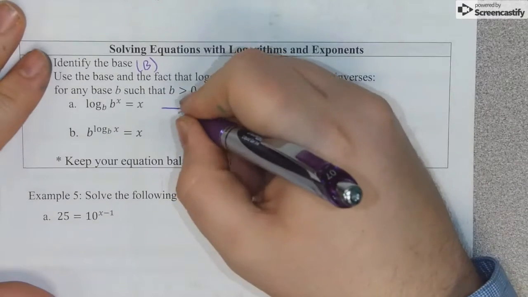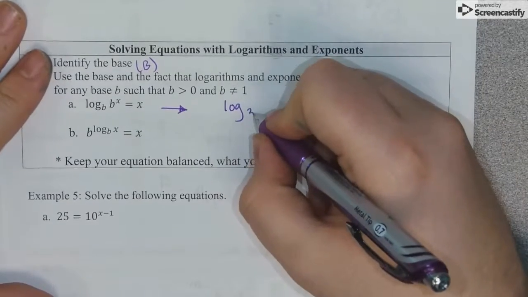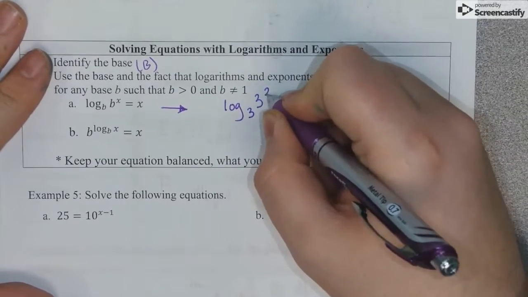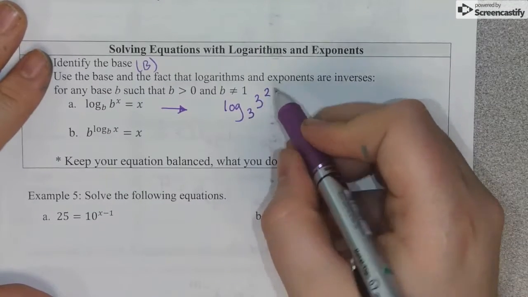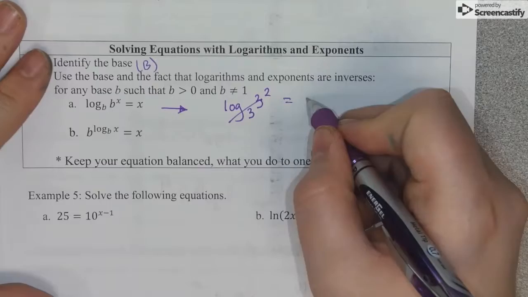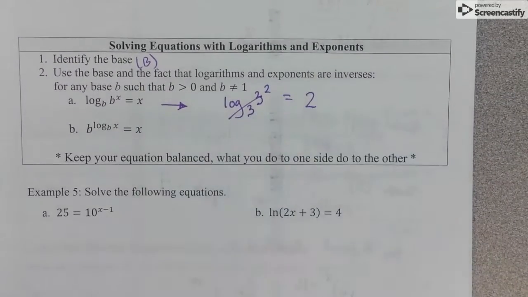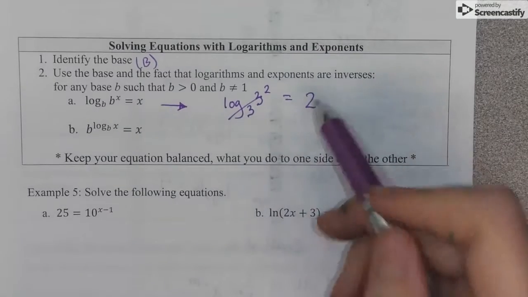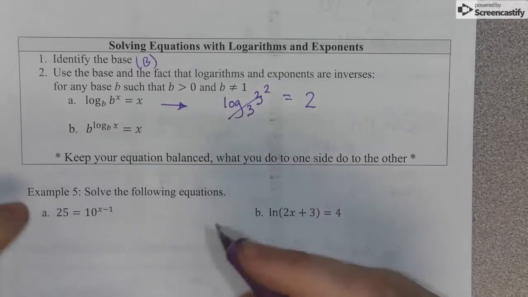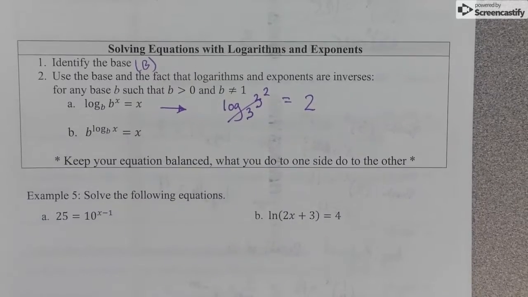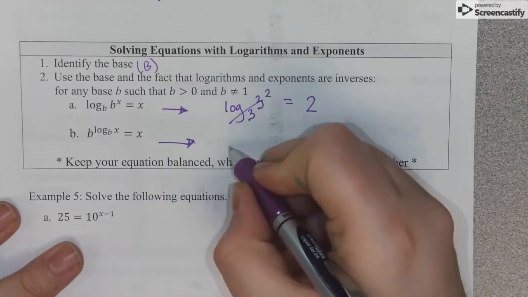So what this says is, here's an example, log base 3 of 3 squared. The log base 3 and the 3 would cancel, and this would just become 2. So if your base and your result are the same, then your answer is just whatever your power is. Similarly, b raised to the log base b of x power equals x. So here's an example of that one.